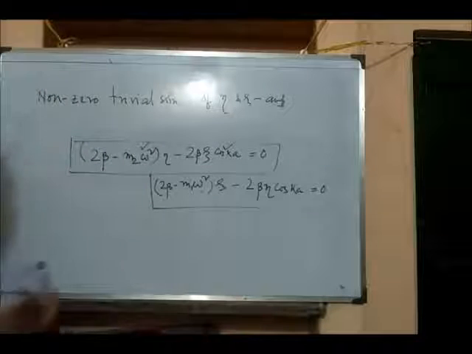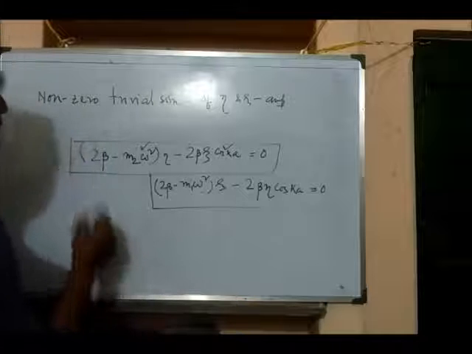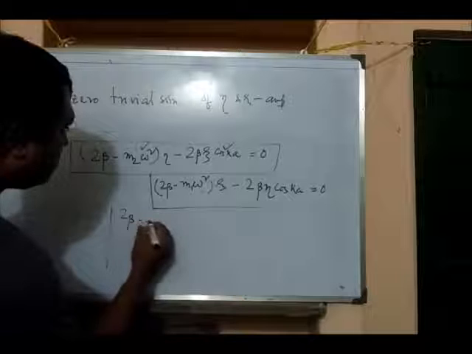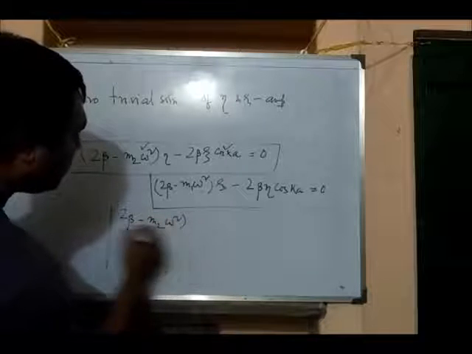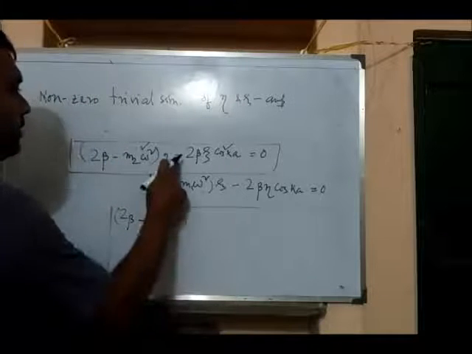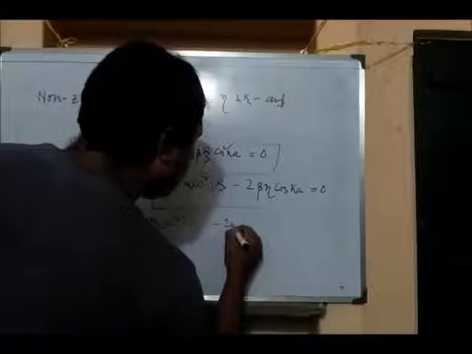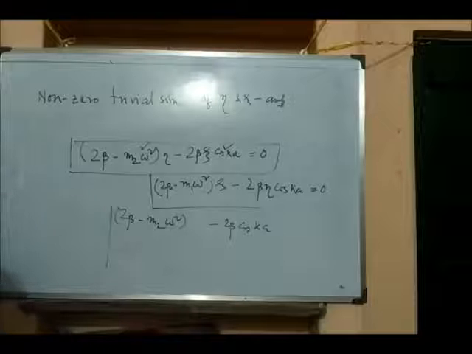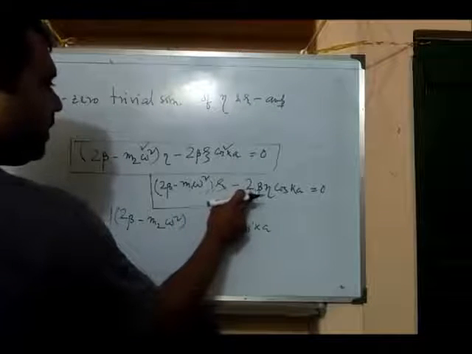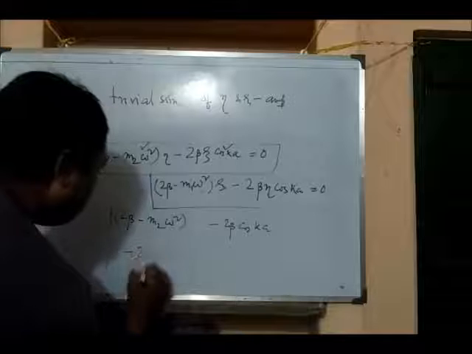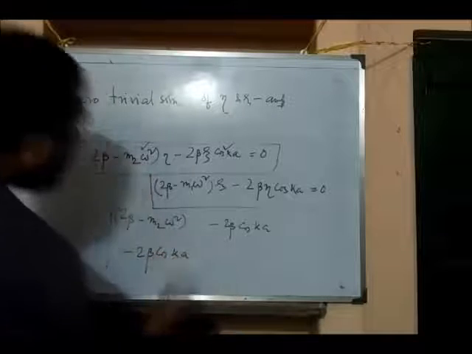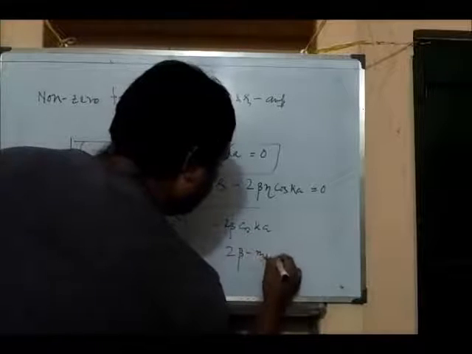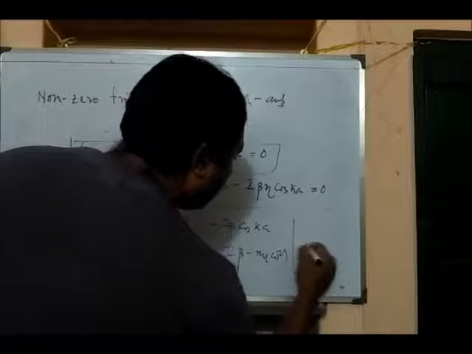So if you write the determinant, from the first equation this is 2 beta minus m1 omega square, and this will be minus 2 beta cos Ka, and from the second equation this will be minus 2 beta cos Ka, and this will be 2 beta minus m2 omega square.